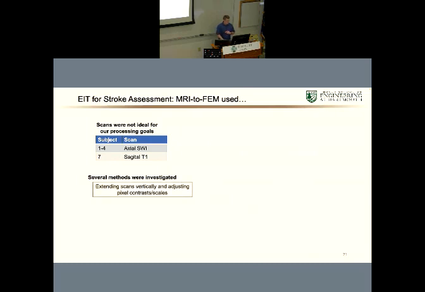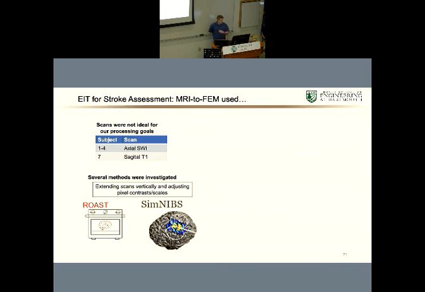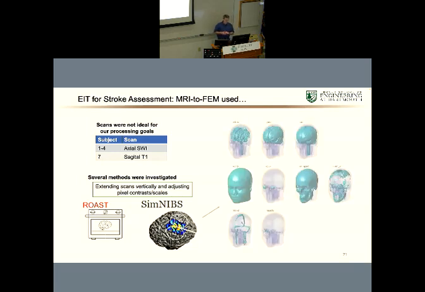We had a whole bunch of attempts to make it work. We used some brain science software that almost worked, and then we found an updated one that's designed for tDCS applications that was able to, with minimal steps, make these very nice images. It's a sort of automatic segmentation.